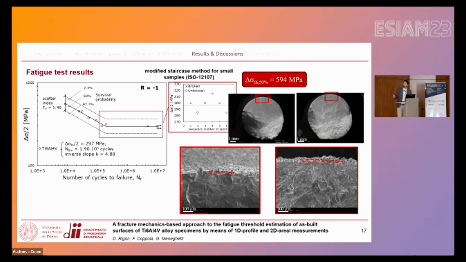But according to the definition of SV, we need to know where the reference line is to calculate the depth of our pit. So it's a little bit tricky to measure this kind of parameter from fracture surfaces. So we have applied what we know from the defects, so from machined specimens where the defects are clearly visible and measurable on the fracture surfaces, to this kind of pit or surface defects.